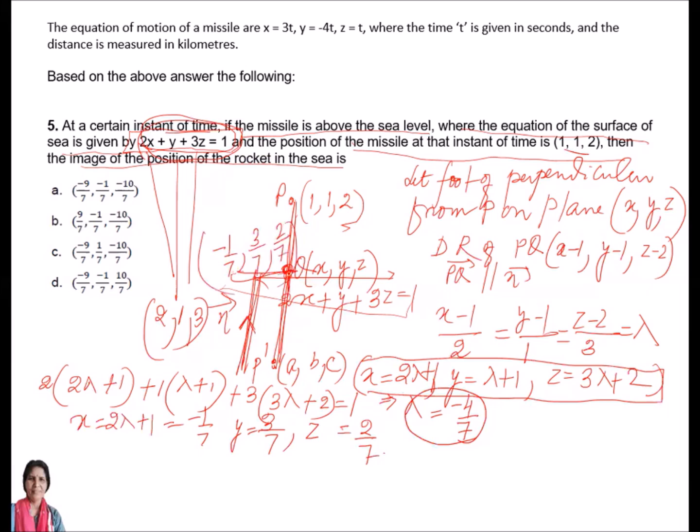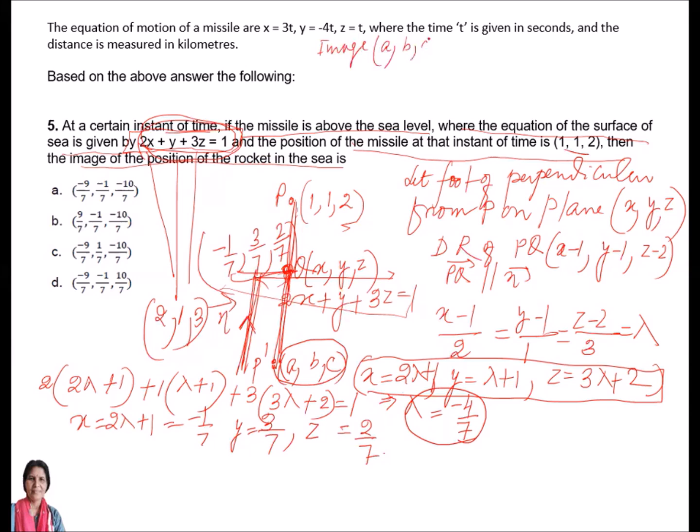So once you have got this foot of the perpendicular, you can get the image, because the foot of the perpendicular is the midpoint of P and P dash. So now I am writing to get A, B, C, the image. Let the image be (A, B, C).